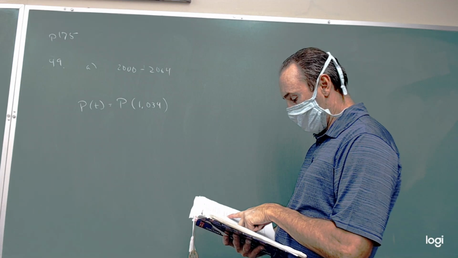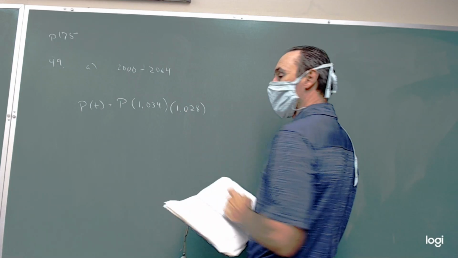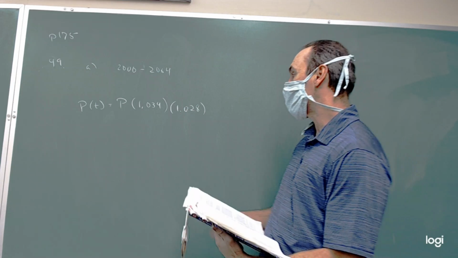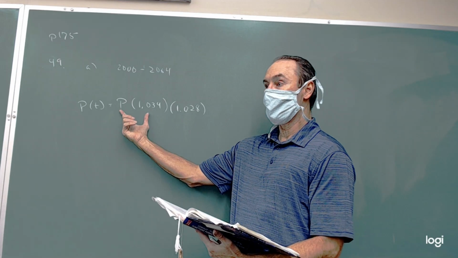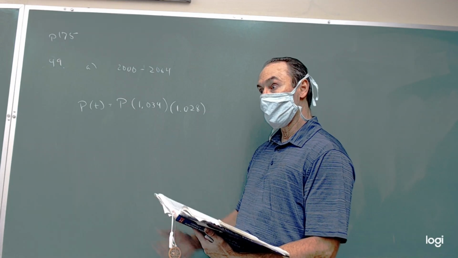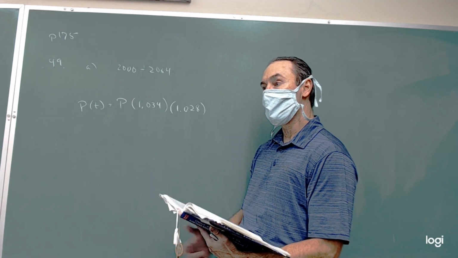Then the next year it went up 2.8%. So we would multiply that by 1.028 to see how much the new price goes up in the second year. And so then that would reflect our price after those first 2 years.